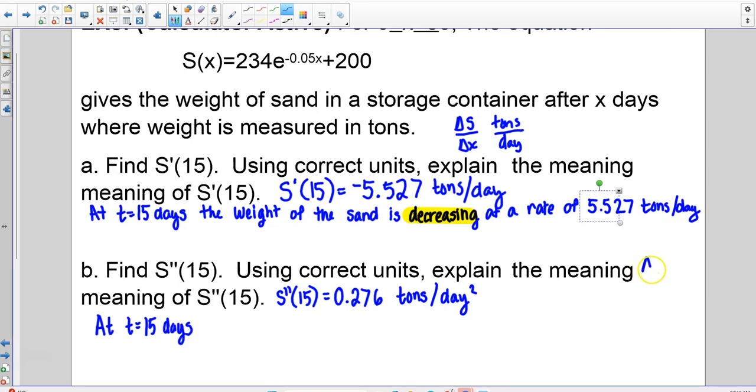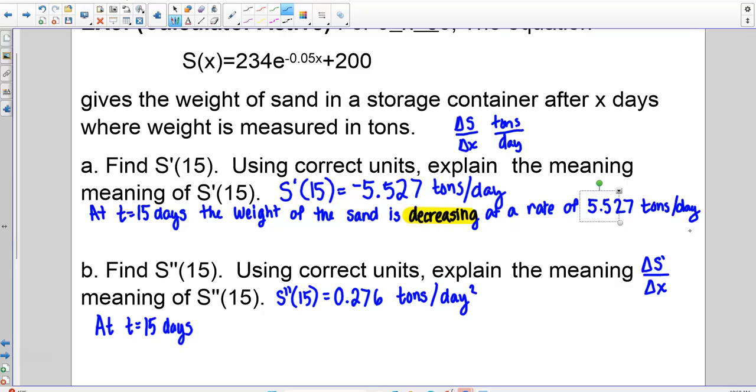We're talking about the change in S prime over the change in our X. S prime is our rate of change of the weight of the sand. So when we're talking about the second derivative, it is a rate of a rate. If you make sure that you say the word rate twice, that really increases the chances that you get this answer right.